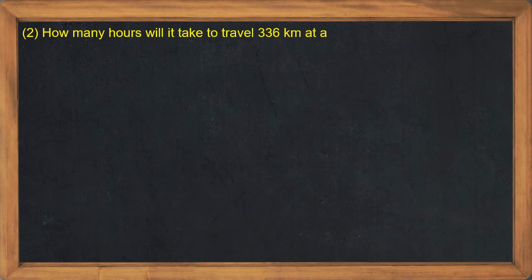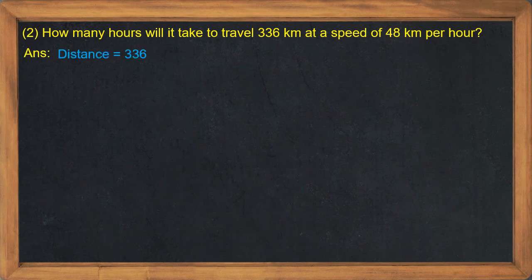Let us solve some word problems. Question number 2. How many hours will it take to travel 336 kilometers at a speed of 48 kilometers per hour?